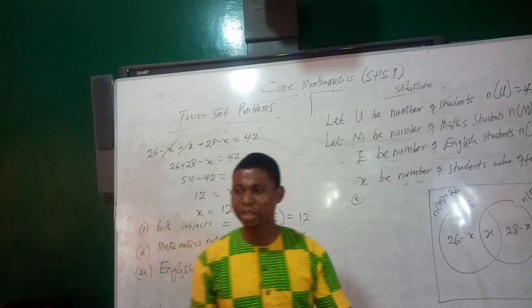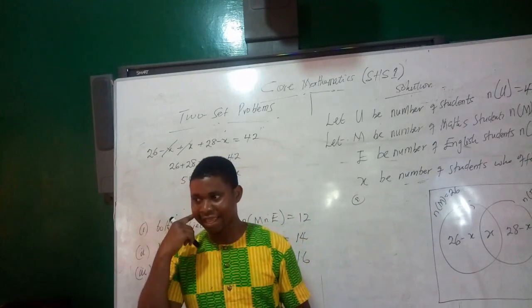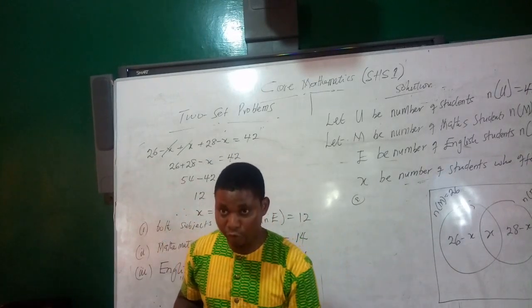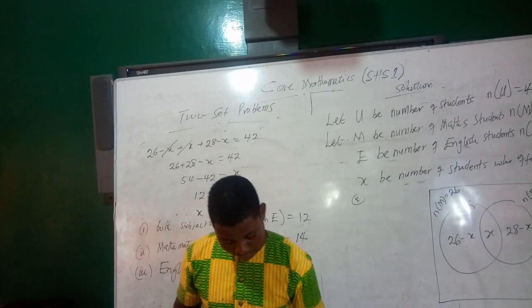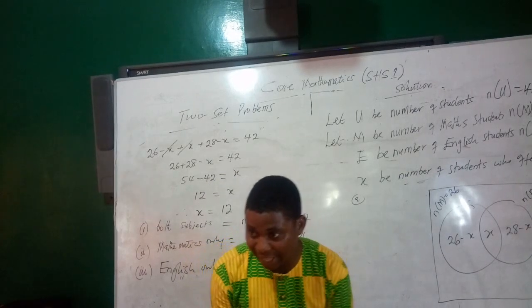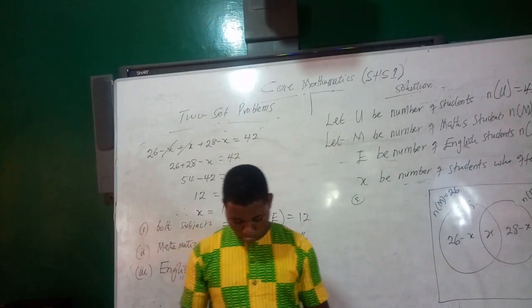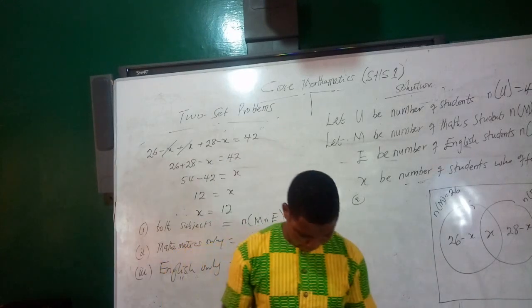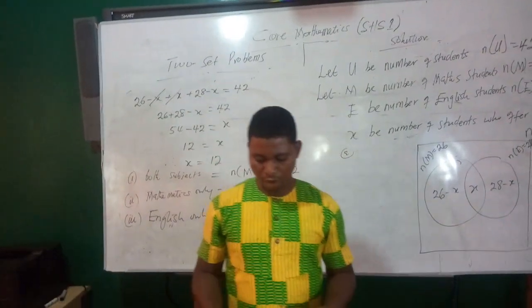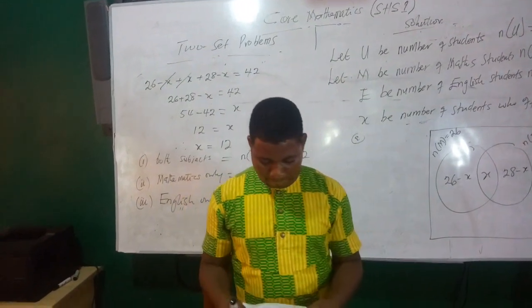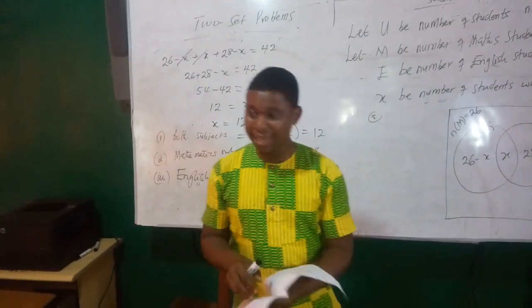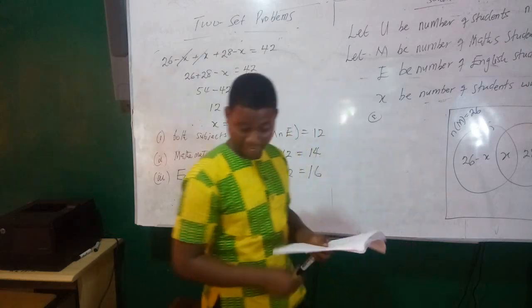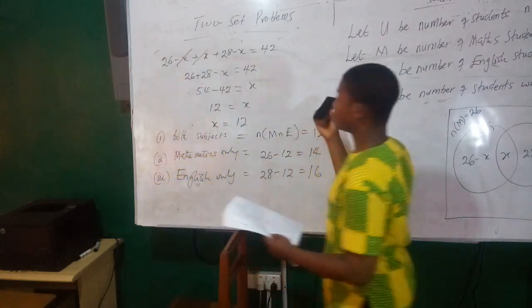Now, let me give you this one to try before I give you one exercise. Let me give you this question to try. It's very simple, like the first one that we did. So let's look at the question. All right, let's go. P and Q. I think I have to write it on the board for you.